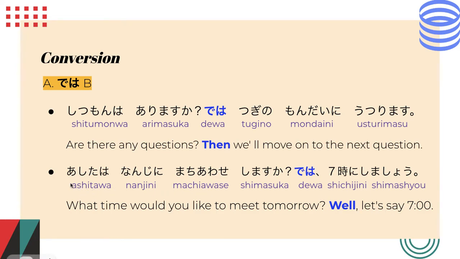To say this in Japanese, it would be 明日は何時に待ち合わせしますか？では、7時にしましょう。Statement A is asking about the time they're meeting up, and then statement B is answering the previous statement by using では.